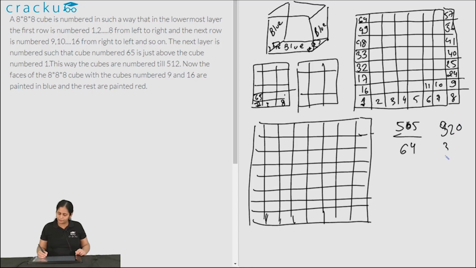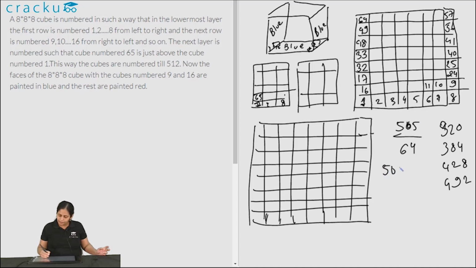Next would be 384. Next 64 would be 448, and next 64 would be 492. Okay, so the closest one to 505 is 492.